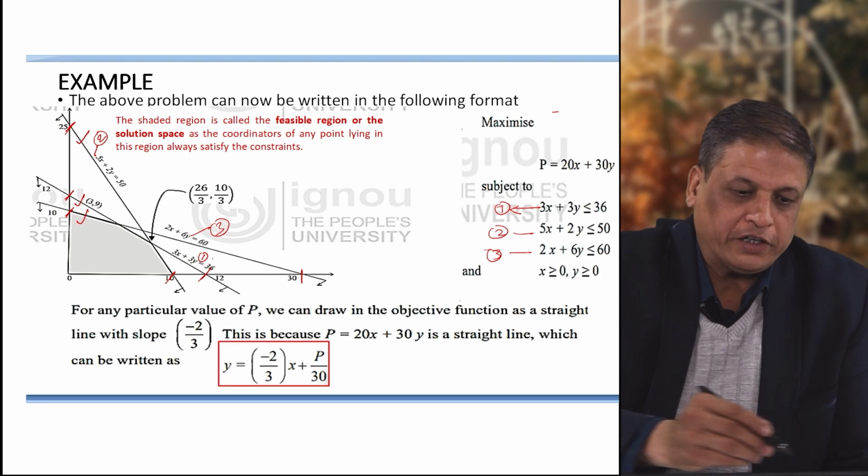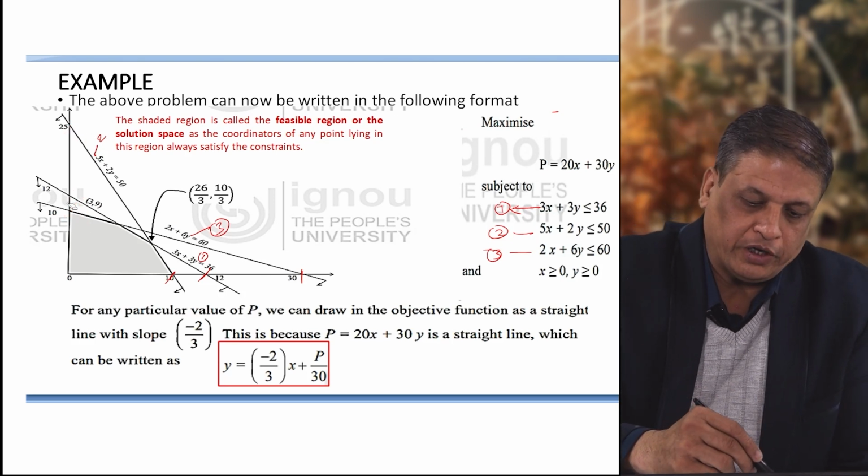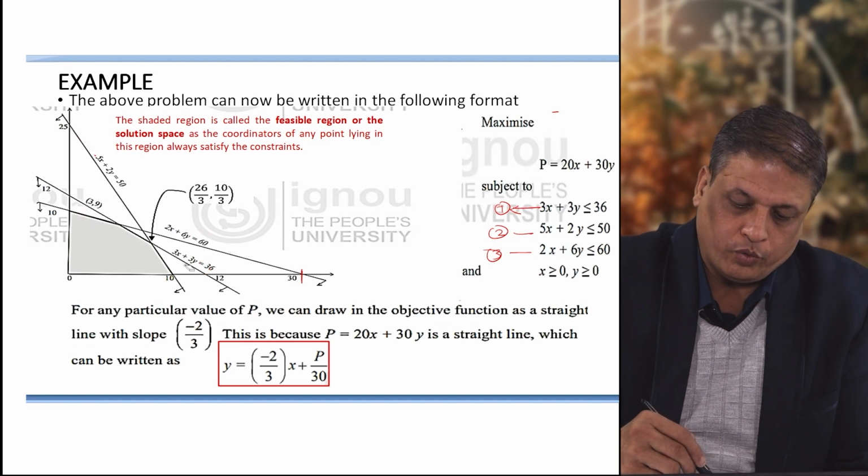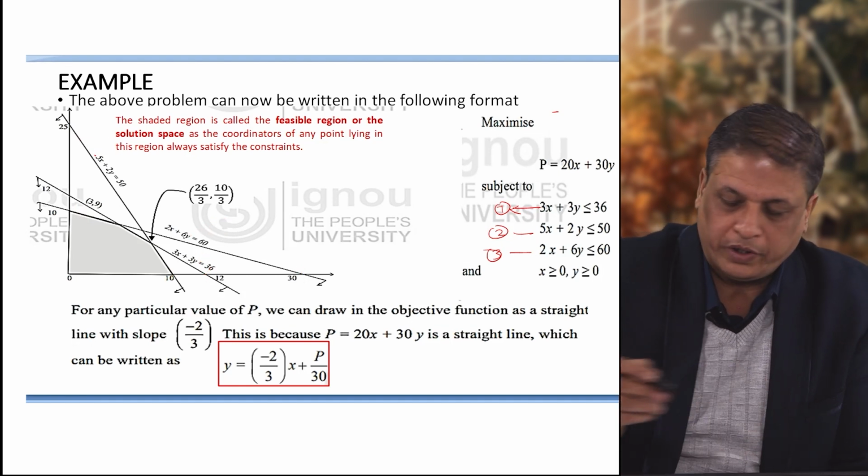Now, what are the points of intersection? How to find these points of intersection for the respective equations or constraints 1, 2 and 3?